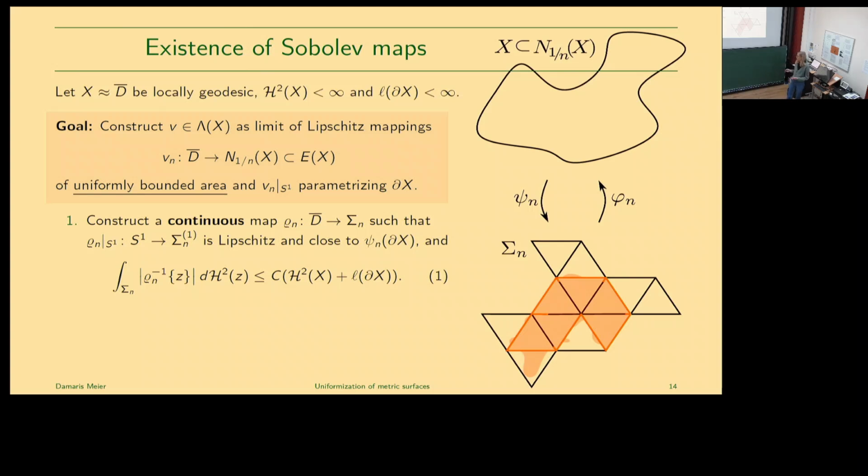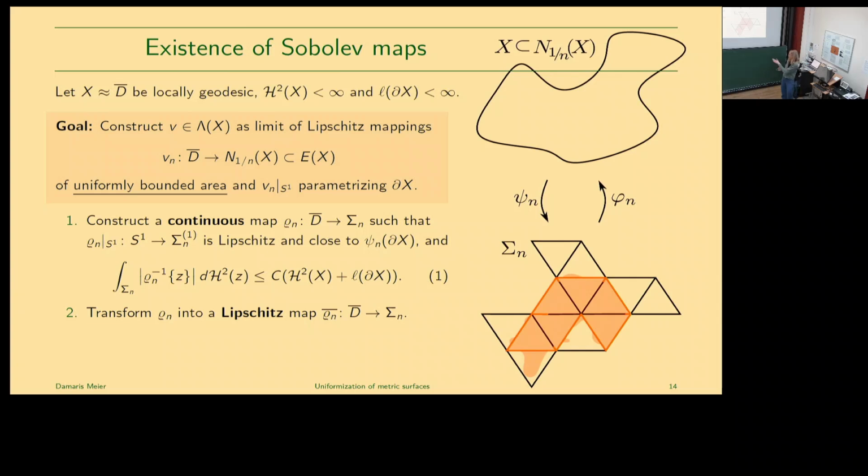So by the area formula, I'm not defining area here, I know that, but in some sense this is the area of the map. So first we construct a continuous map. In the next step, we transform this continuous map in a way that we make it Lipschitz, and it still satisfies the properties from above.